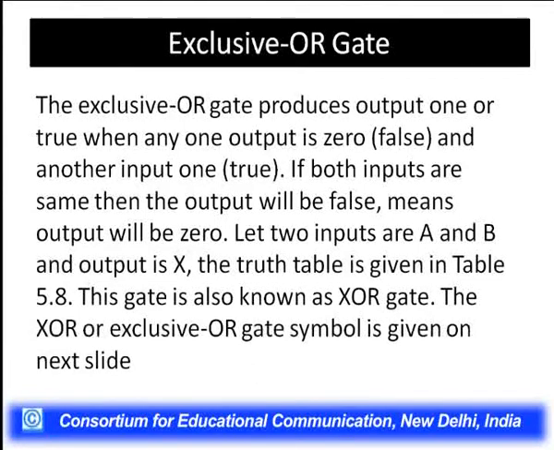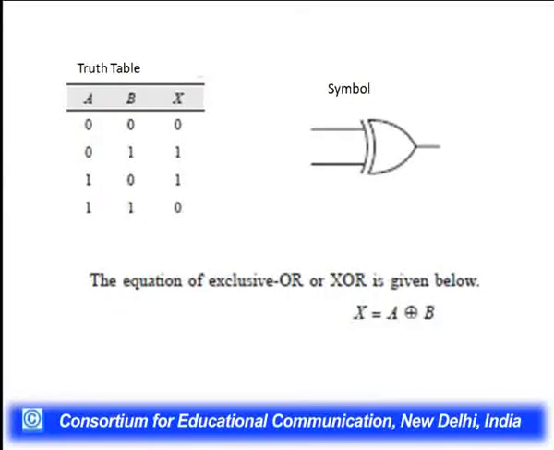Let the two inputs be A and B, and the output X. The truth table is given in the table. This gate is also known as the XOR gate. The XOR or exclusive OR gate symbol is given on the next slide.